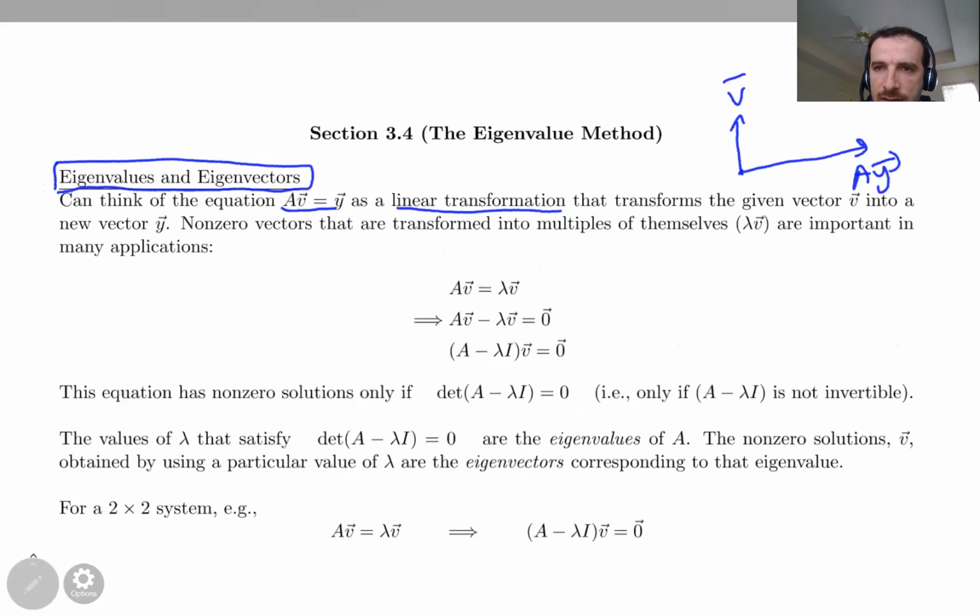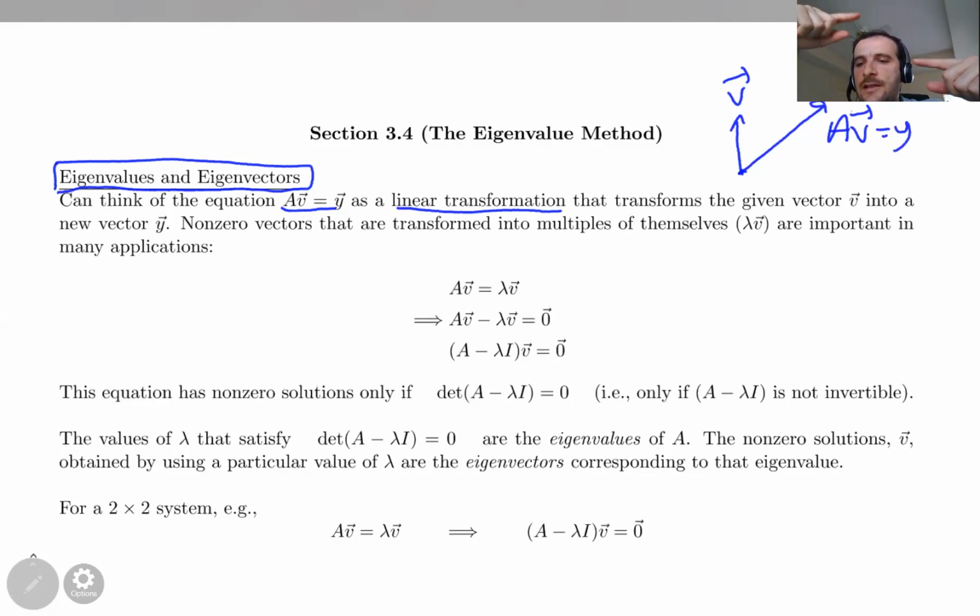It doesn't have to be orthogonal, it can be any vector. Sorry, I should say Av. So I take one vector and multiply it with a matrix and obtain another vector, y.